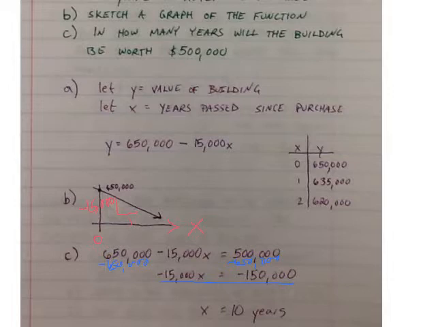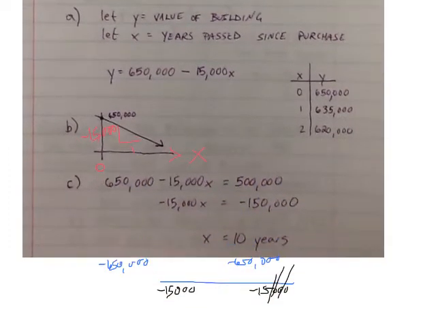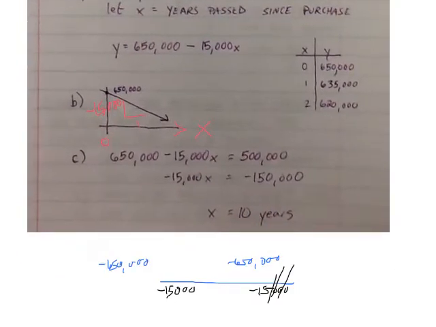And then I divided both sides by negative 15,000. Negative 15,000, cancel the zeros. And we wind up getting an answer of 10 years. So in 10 years, the building I just purchased will be worth $500,000. It would be wise of me to sell it before it loses too much value.